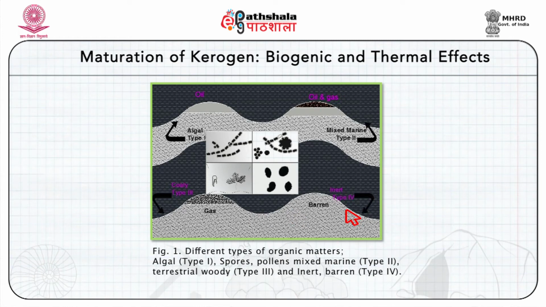All these organic matters, how they are, is being shown. You can see some of the structures of the organic matter in the inset within the figure, and then we can have an algal type, type 1, a mixed marine type, type 2, coaly type, type 3, and the inert type, type 4.